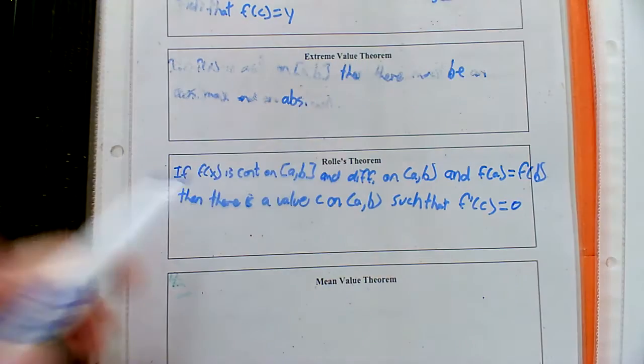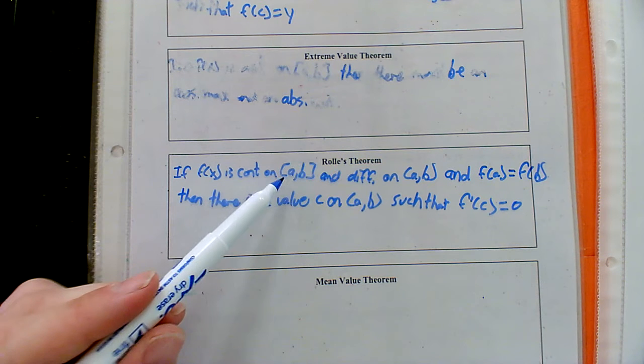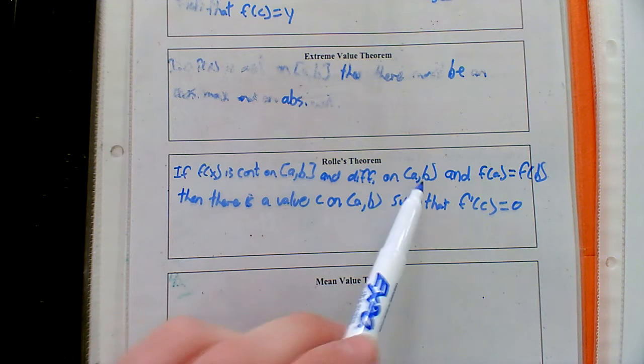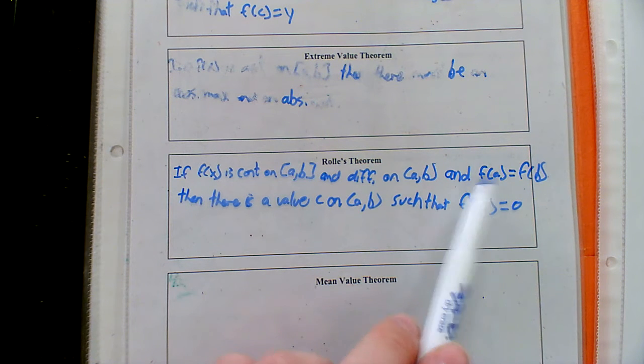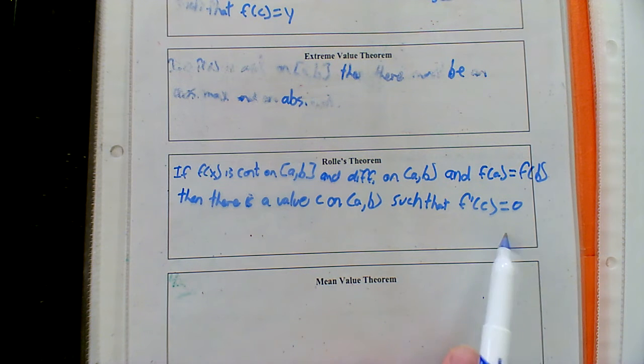Very good. So if f of x is continuous on the closed interval a to b, differentiable on a to b, and the endpoints f of a equals f of b, remember those endpoints are the same, there's a value in there, c, on that interval where the derivative is equal to 0. That's Rolle's theorem.